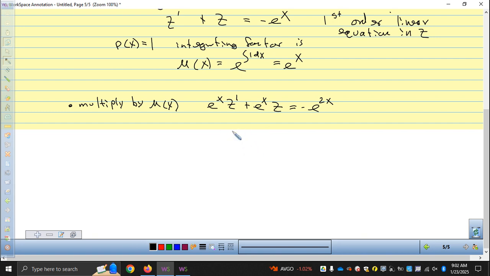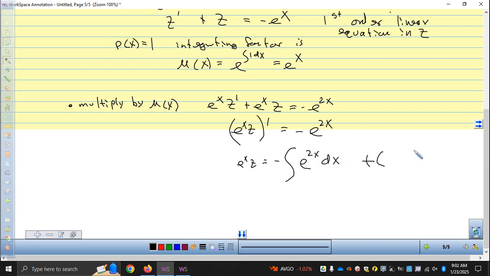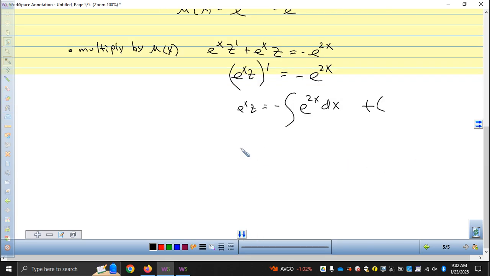This is the derivative of e to the x z equals minus e to the 2x. We integrate both sides. So e to the x z equals negative integral e to the 2x dx plus our constant of integration. Account for that explicitly. So e to the x z equals minus 1/2 e to the 2x plus c.